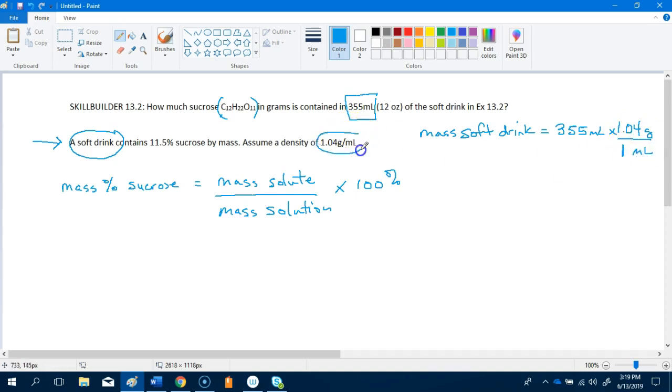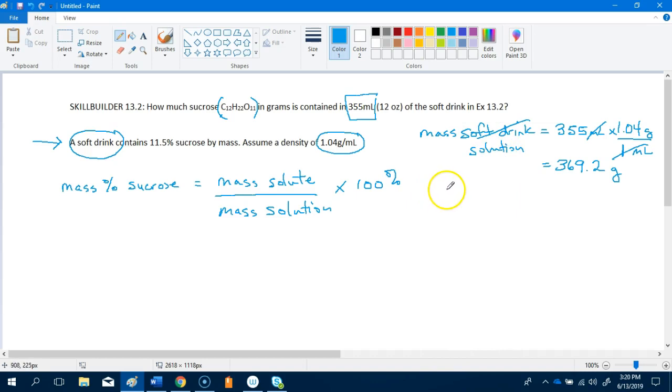That's from this constant here. My milliliters cancel out, and I get 355 times 1.04, which gives me 369.2 grams as the mass of my soft drink, which will be the mass of my solution for that formula.